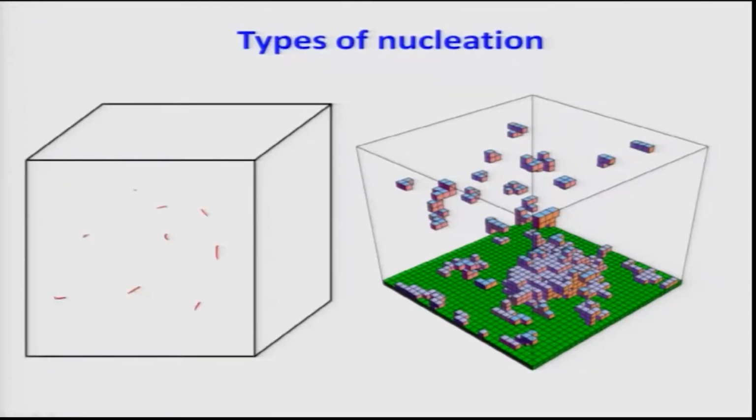There is no preferential site. That is what I have left blank, and I am now filling it up with the nucleus. On the other hand, heterogeneous nucleation will be happening on the surfaces or the boundaries or the corners, wherever. So, this is hetero, and this is homogeneous.